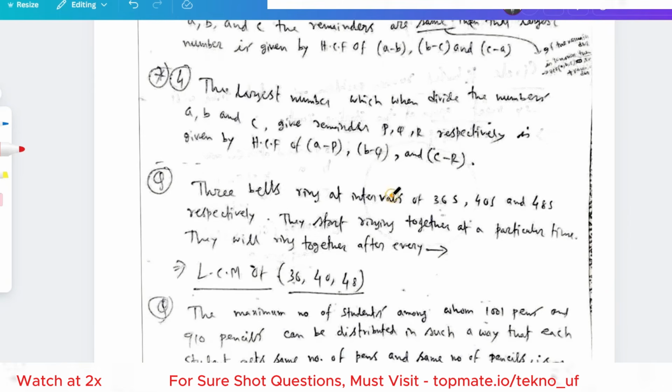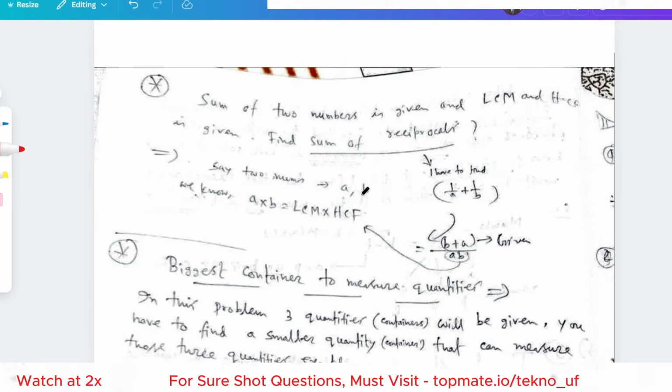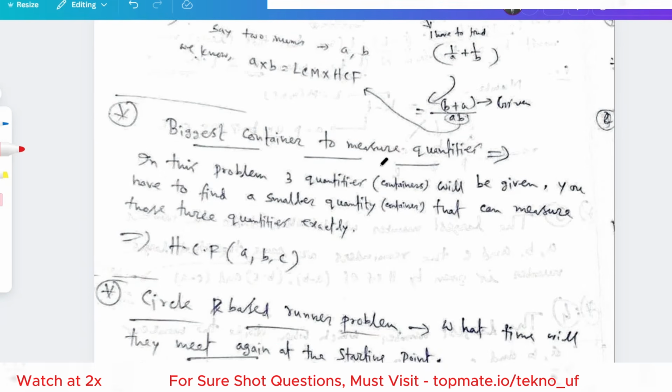Okay, so here is the most important concept I'm going to share, that is the biggest container to measure quantities. Let's say in this type of problem, there will be three containers.